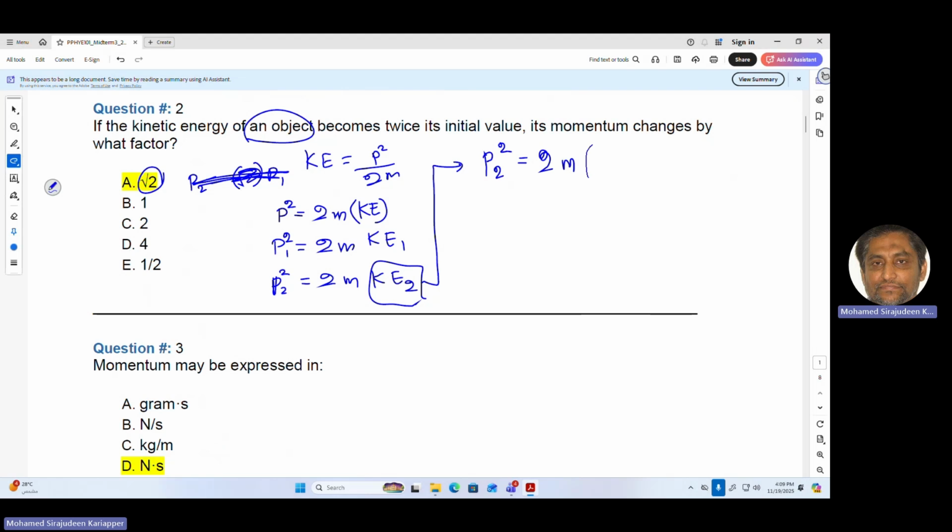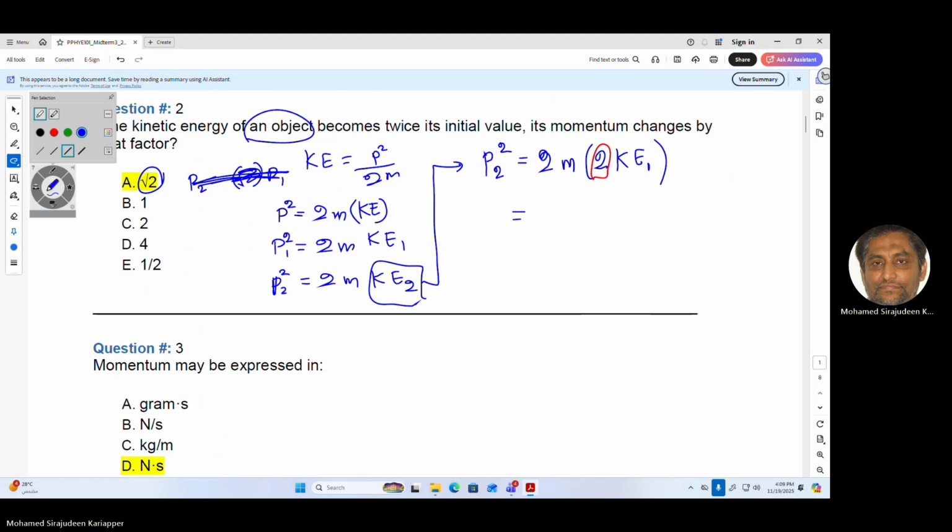So here I can write 2 times kinetic energy 1. That's okay, right? So now I look at this 2 that pops up here, and I'm going to take it out and rewrite this. This 2 comes here. Let me put it in red so you know I'm taking out this particular guy. So that 2 is out.